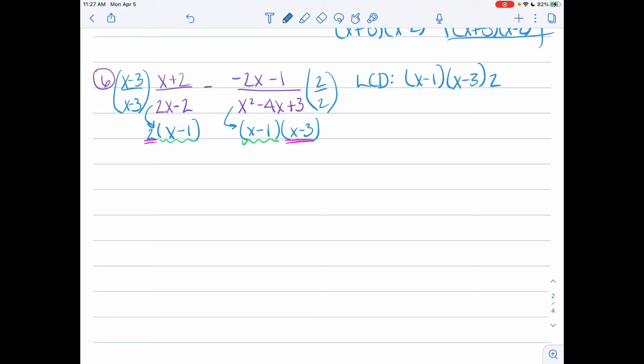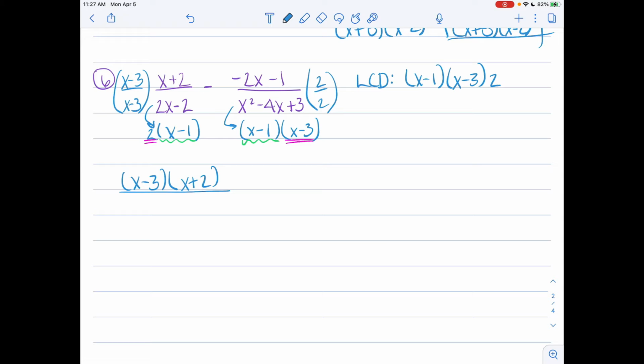Let's go ahead and write all of this on another line where I kind of combine everything together. I'm going to use this form of my denominator, so the x minus 3 times the 2 times the x minus 1. And in my numerator, I will have x minus 3 times x plus 2.